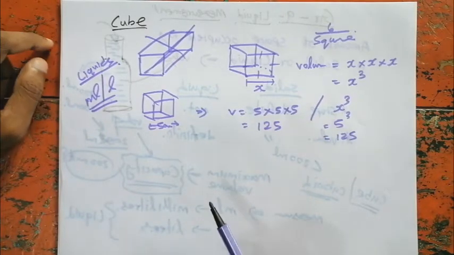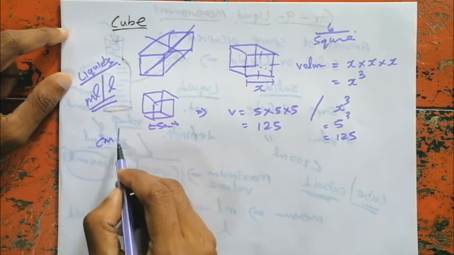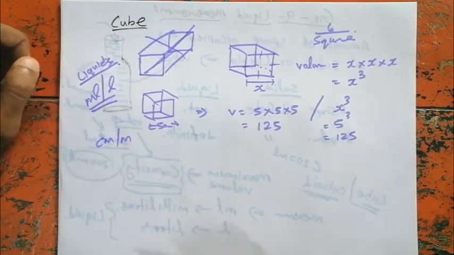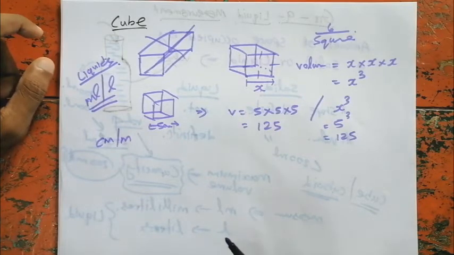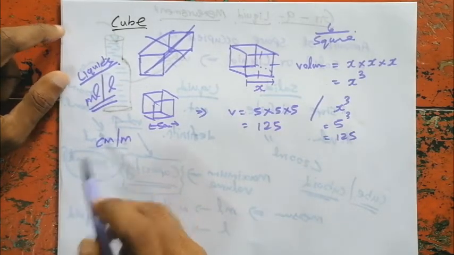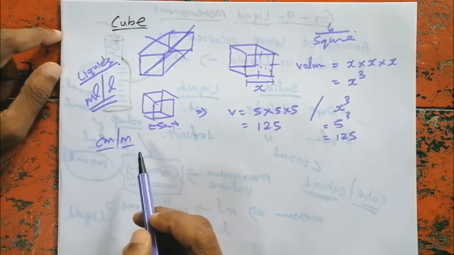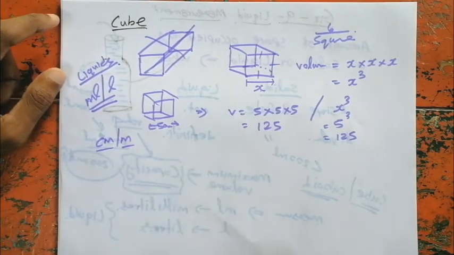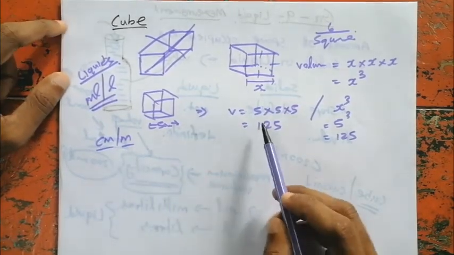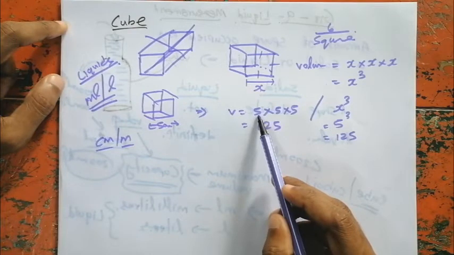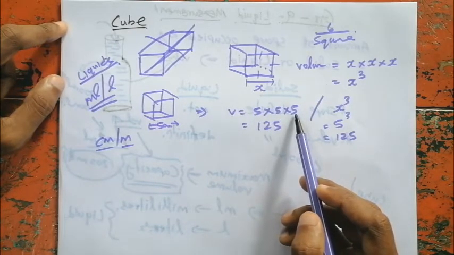The measuring units of solids are centimeter and meter, because solids have lengths, heights, breadth. So the length should be in centimeter or meter. So this one is 5 centimeter, this one is 5 centimeter, and this one is also 5 centimeter.